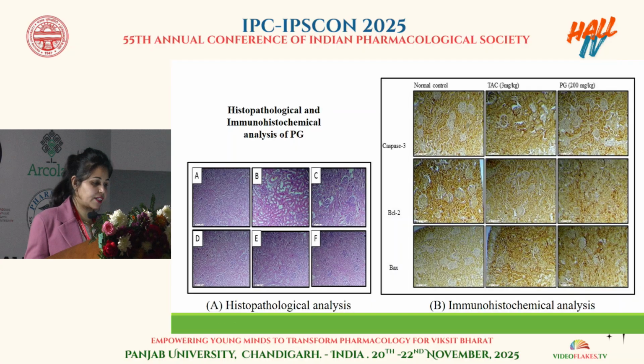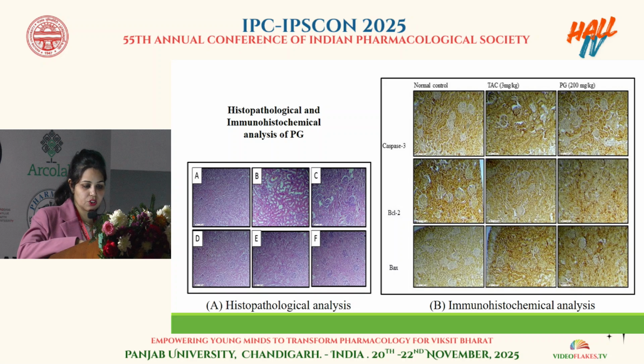This is the histopathological and immunohistochemical analysis of Punica granatum. As you can see, in figure B, it shows some tubular atrophy in these sections of PCT. So it shows tubular atrophy, which was decreased in section F, and section E, that is Punica granatum 200 mg per kg.